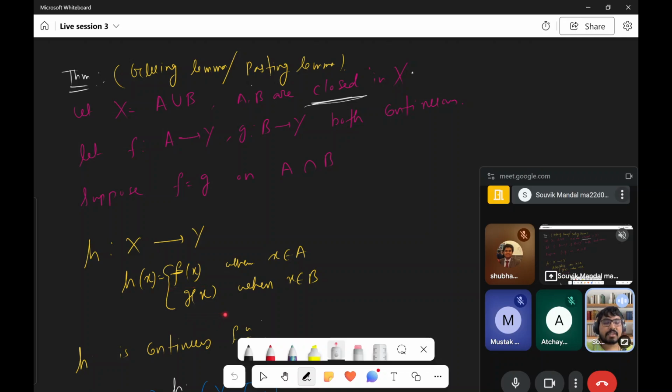So that's the statement of the gluing lemma. One important thing we note is that A and B both are closed subsets of X here. So that's the one extra condition we need to make sure of.